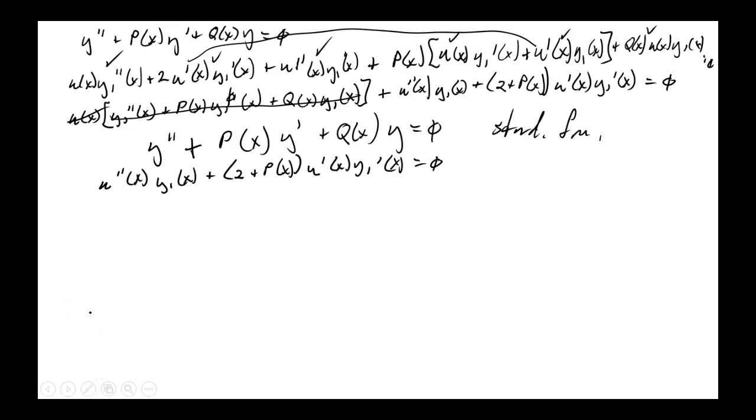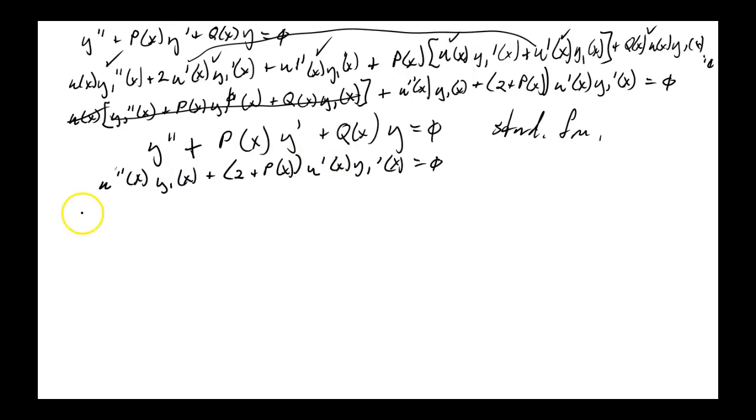Okay. Now, at this point, we do the same thing we did before. Notice when we eliminated that, you also eliminated u of x, because this thing's equal to 0, so the u of x disappears. So now we only have u double prime and u prime. You have no u of x anymore.